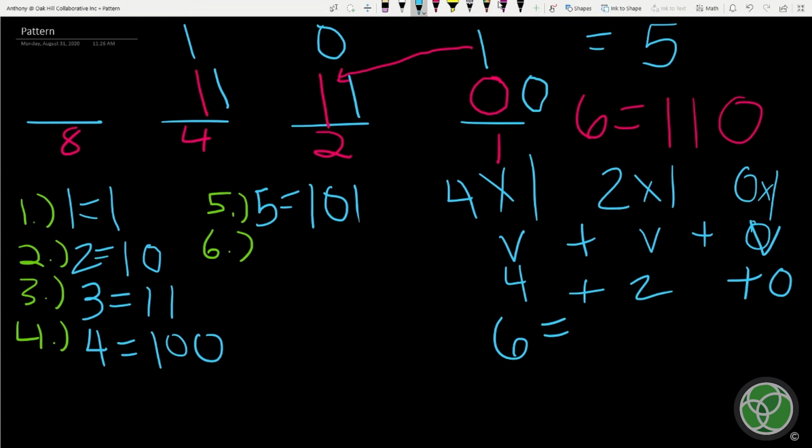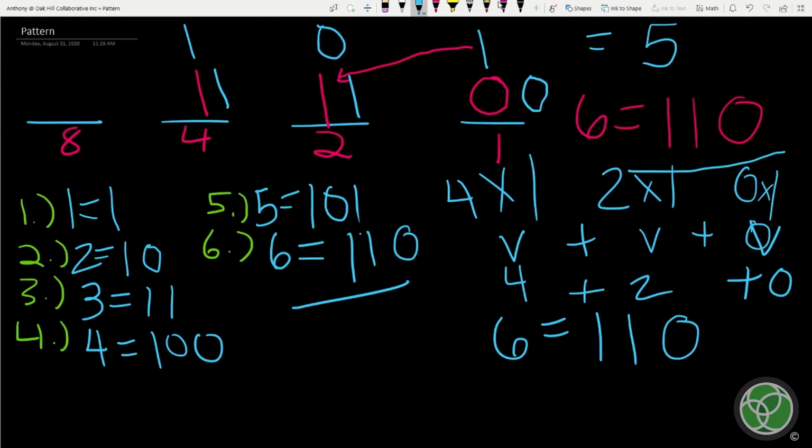If you look at the numbers in pink, you've got 1, 1, 0. If you look at the numbers in blue, using the way we've been practicing the whole time, you have 1, 1, 0. So when we've done our check using our trick and using the normal way that we've done this, you got the same number. 6 is 110.